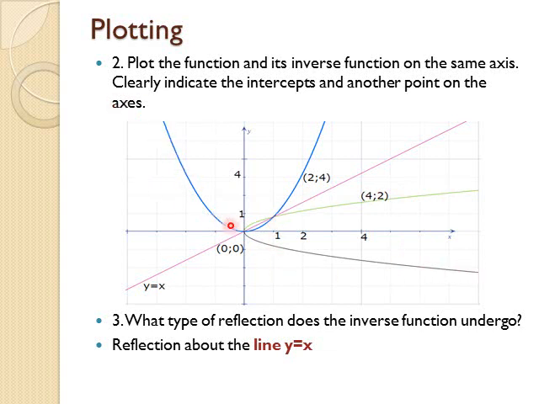But the original one is a function, because no matter where I throw the vertical line, it touches once. There's my line, y = x. In your assignments, we can ask what type of reflection the inverse function undergoes. It's always a reflection about the line y = x. Hope you can see what I've done.